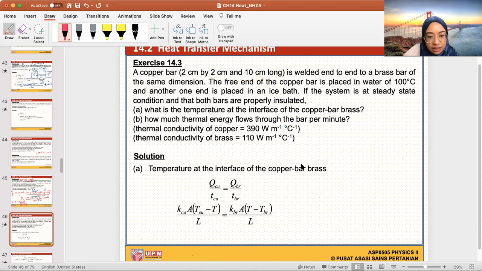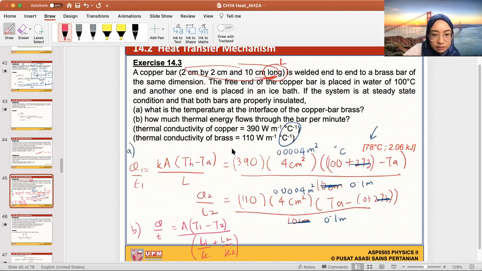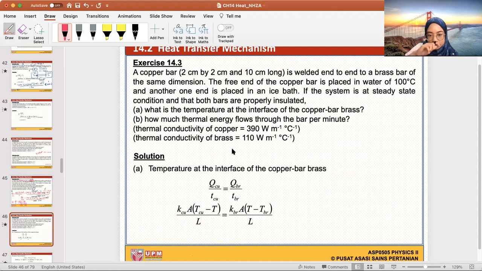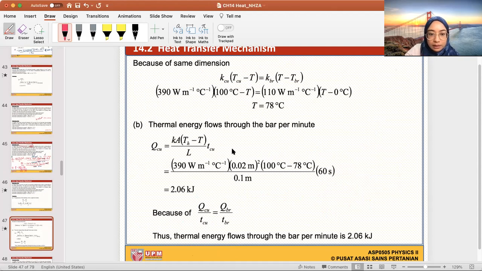Okay, so Shasha tried with that equation. Ni soalan yang tadi, soalan Jaya. Just Q over T equals to Q over T. Okay, this one is Shasha's part. So Q is KA. Basically, this person used TA. Yeah? That's why I said it becomes easy when Jaya already solved for it.